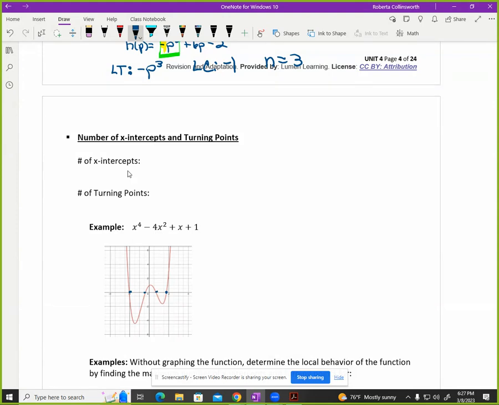So n is going to be how many x-intercepts we could possibly have. We don't have to have that many. So we could have at most n x-intercepts, where n is the highest degree.